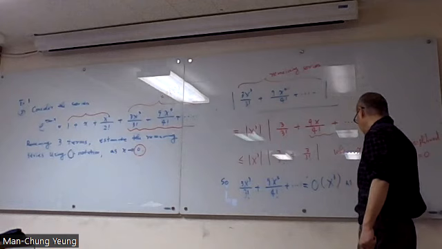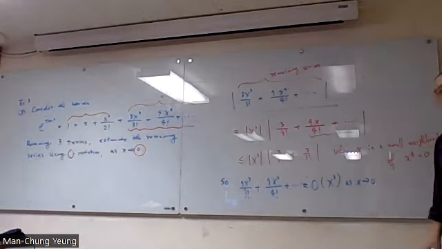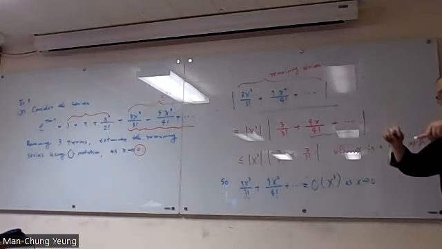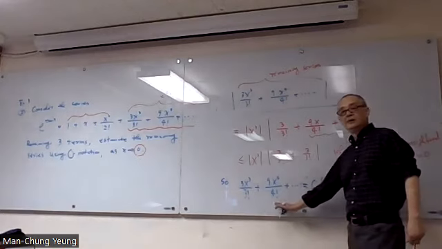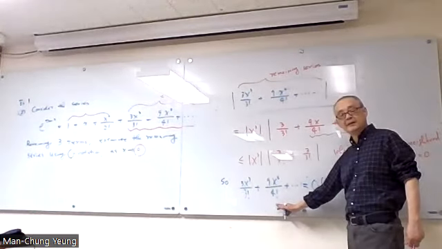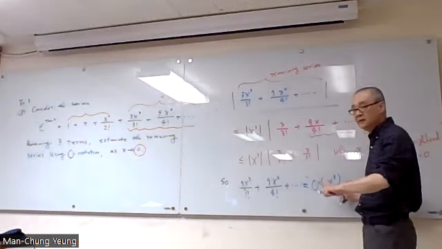as x approaches 0. When x is very small, very close to 0, the remaining series is bounded from above by a constant times x.